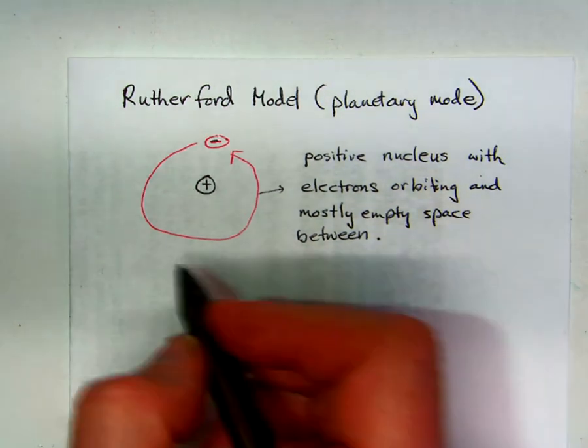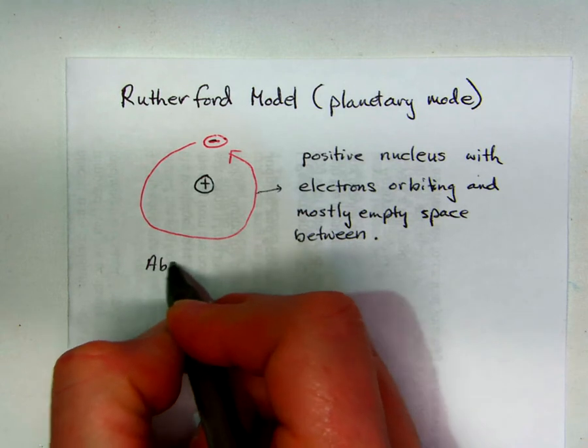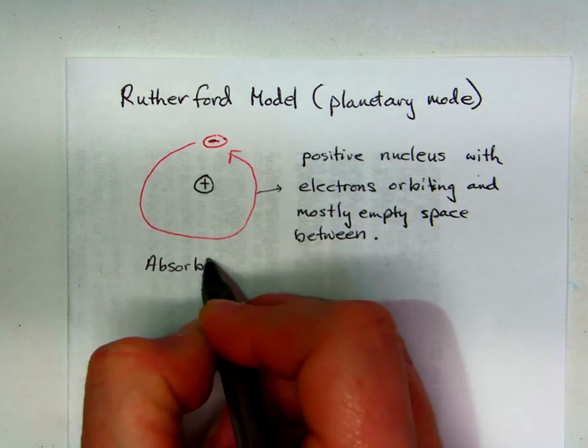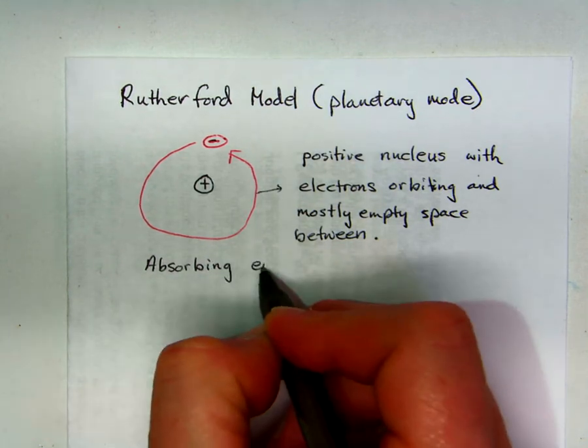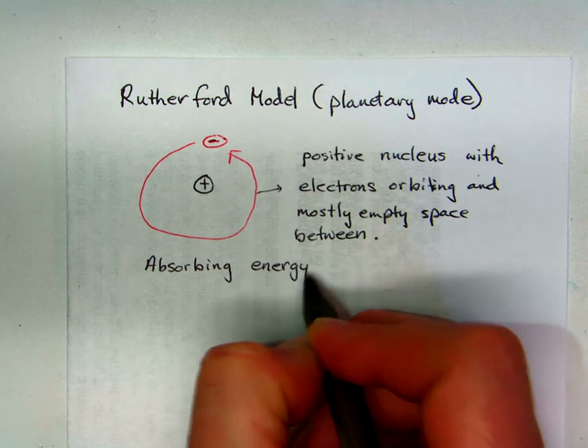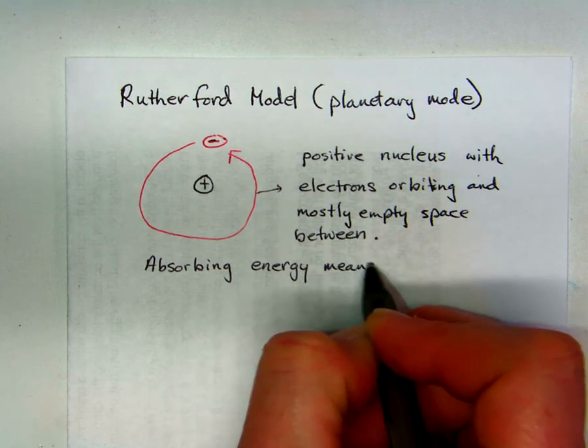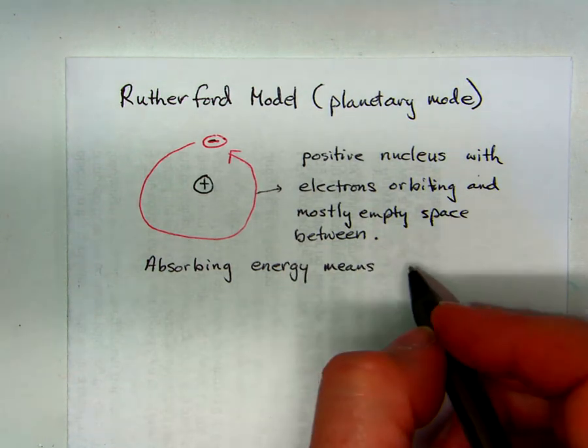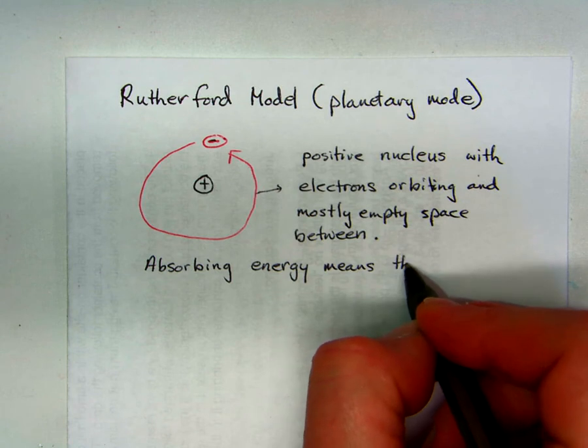So absorbing energy means the electron moves to a higher level.